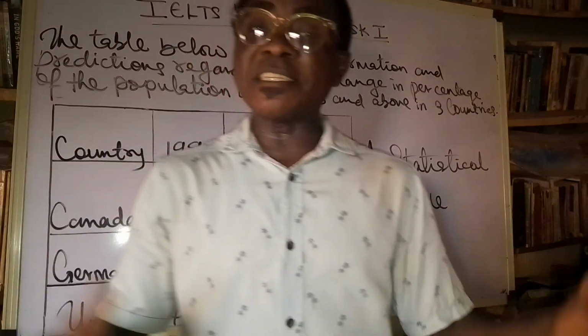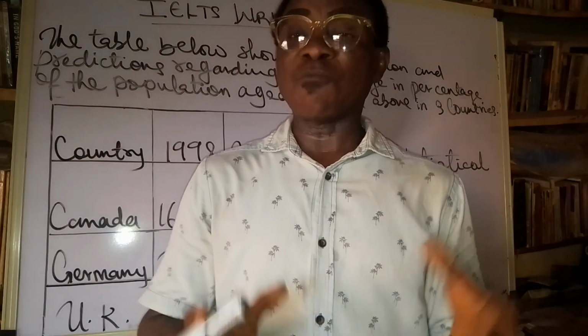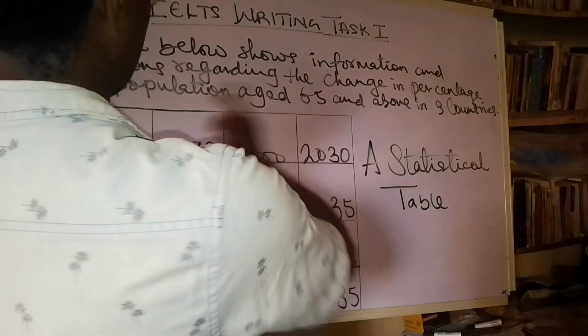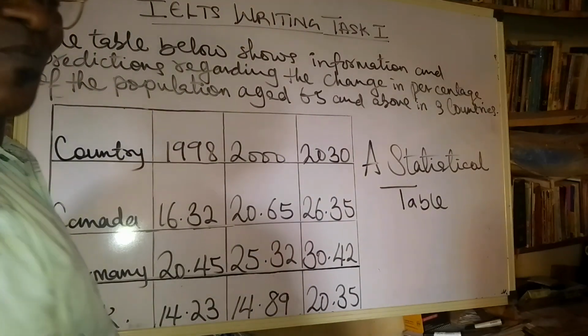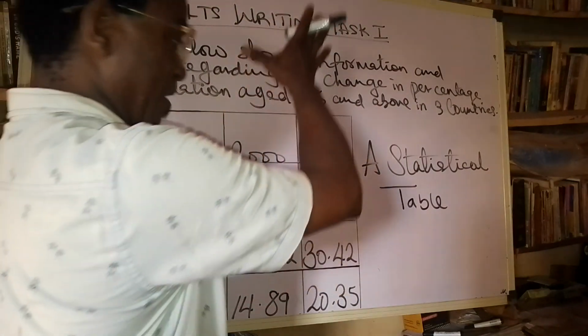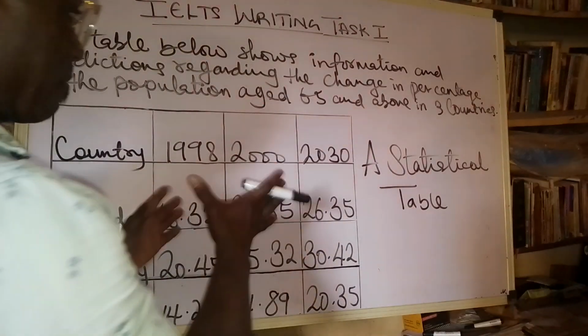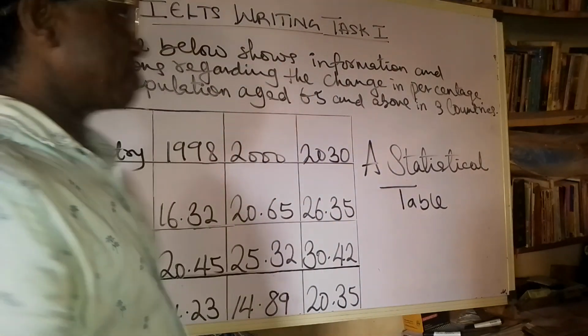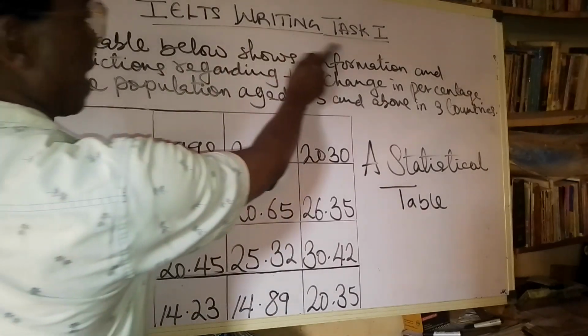And now to the nitty-gritties of our discussion today. Let us take a look at the caption of the economic model that we have on the board: IELTS Writing Task 1.